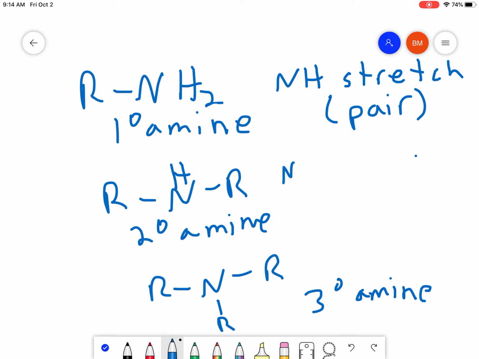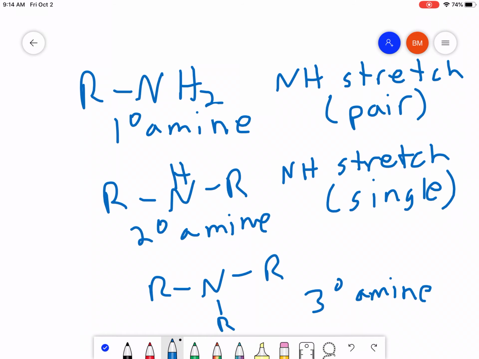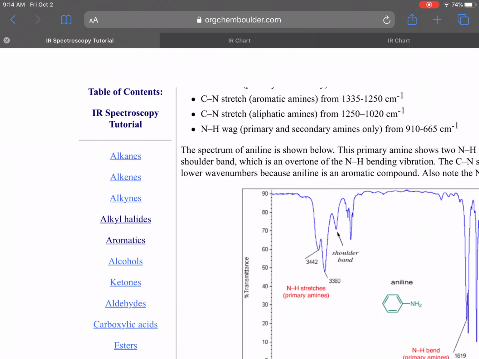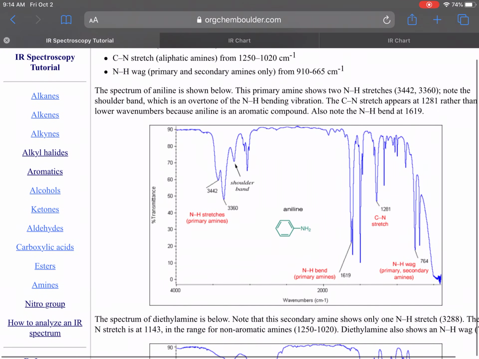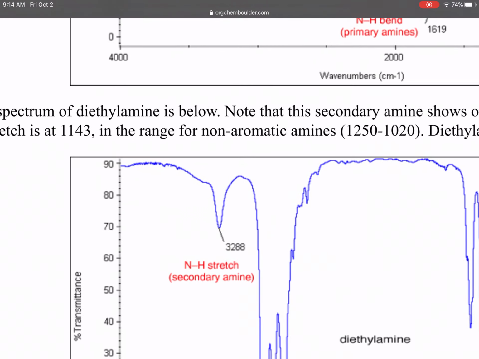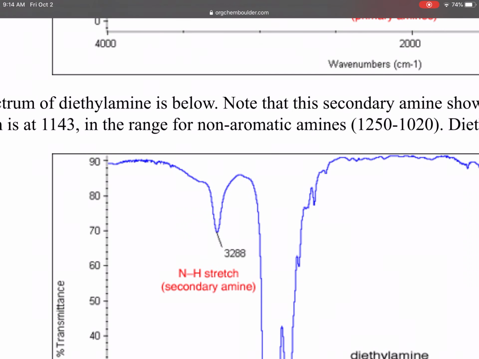Okay. Now, if you have a secondary amine, you still have an NH stretch, but only a single peak. All right, so here is a secondary amine. You only have one NH bond there, and you can see that we only have one NH peak.